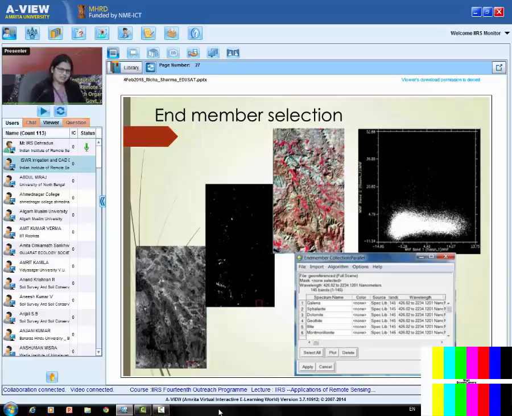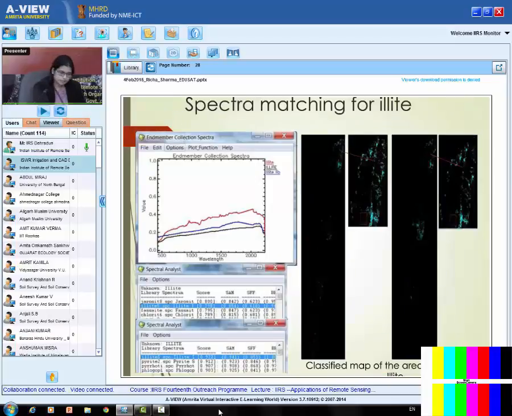So we have to plot these things randomly, twice, thrice, a number of times, and each time some pixels will appear as the pure pixel, and only these pixels we will select as the end members, and then we will generate the spectra of these pixels.